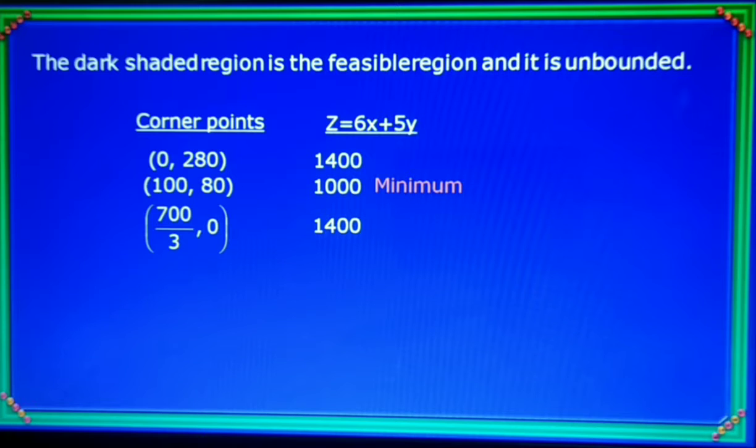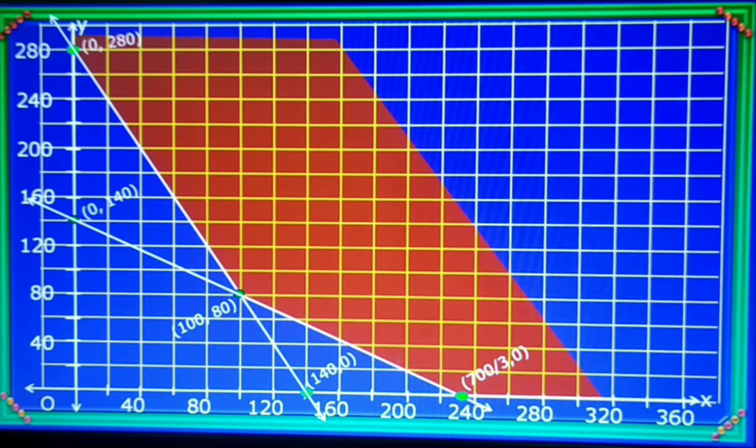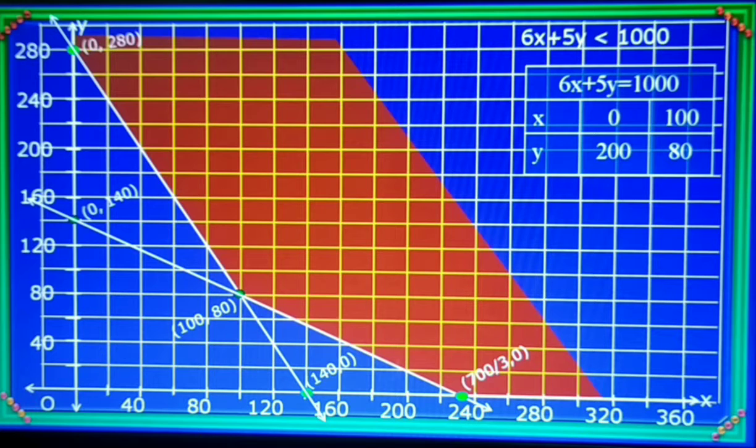On the basis of this itself, we cannot decide whether we are going to get a minimum value or not, because the feasible region is unbounded. Consider the inequality 6x plus 5y is less than the minimum value, that is 1000. Equation corresponding to this inequality is 6x plus 5y is equal to 1000.